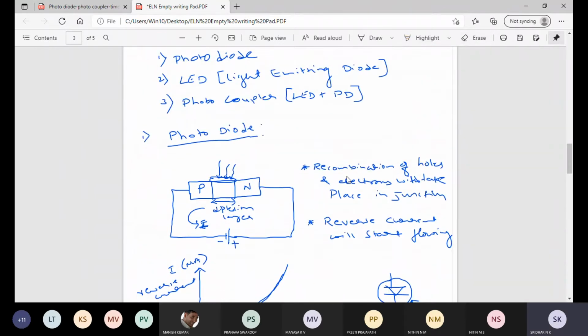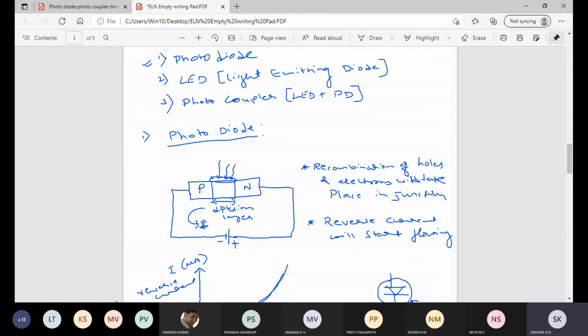Yes, so the first one, the photodiode, is done. Next will be LED. Any doubt in photodiode? Am I audible? Yes, sir, audible. Any doubt in photodiode? No, sir. Okay.